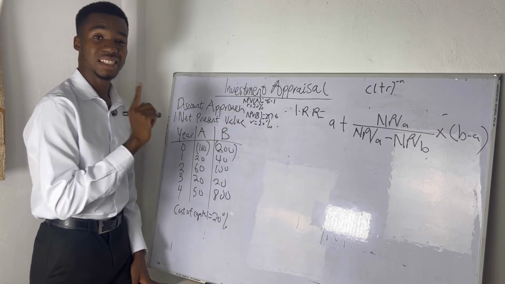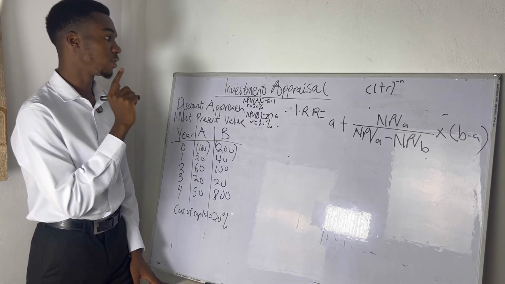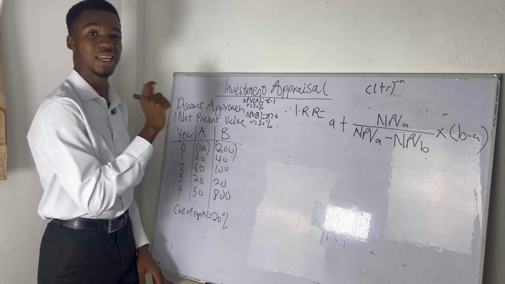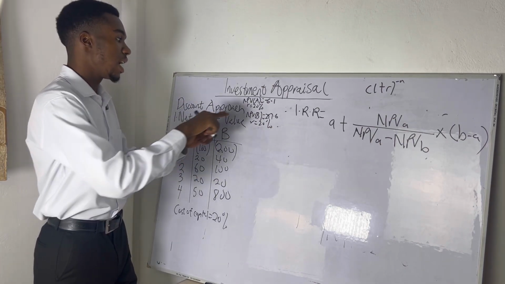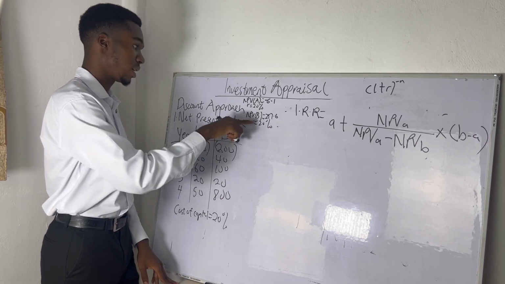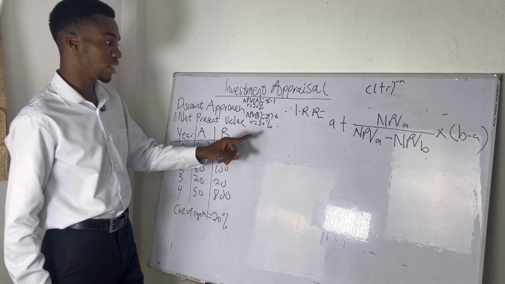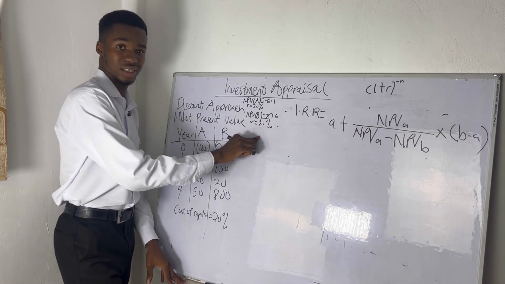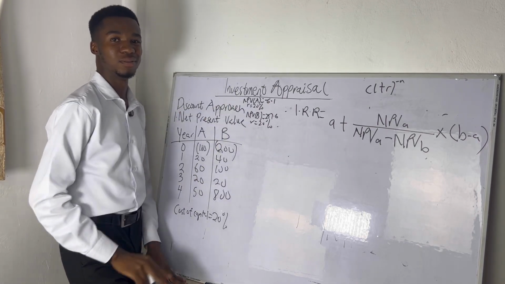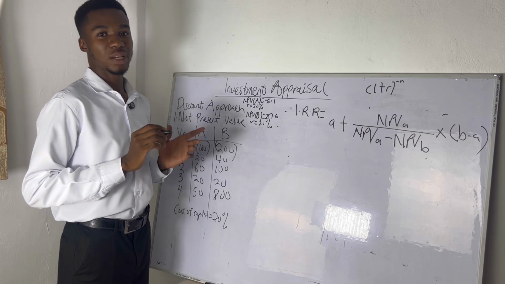If you get a negative NPV, you take a lower rate to get another NPV which will be positive. If you get a positive NPV with the same 20%, you take a higher rate so that you get a negative NPV. It's a bit confusing, so you have to take your time with it.